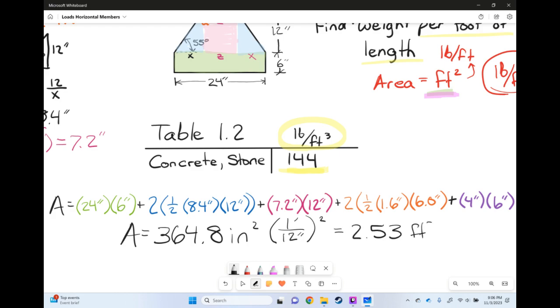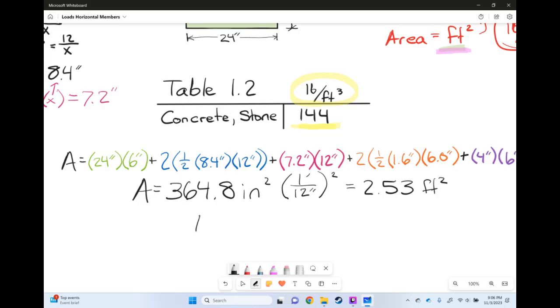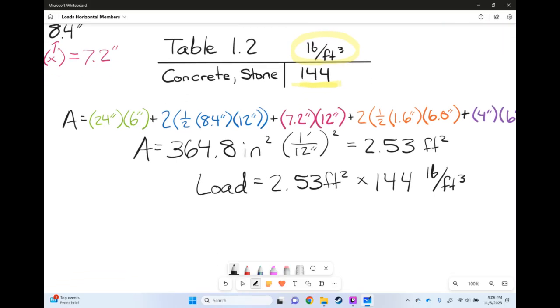So that's going to give us 2.53 feet squared. Now that we have the area, we can multiply by our number in our table. So the load is going to be our 2.53 feet squared times our 144 pounds per foot cubed. And our feet squared and our foot cubed are going to kind of cancel out again.